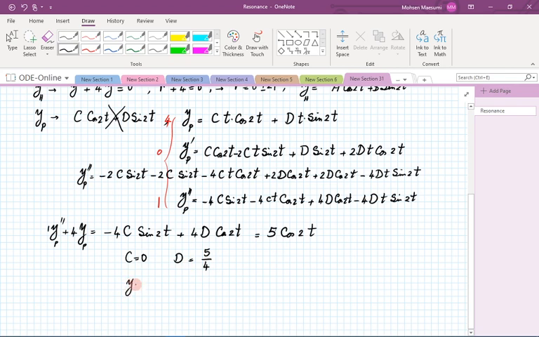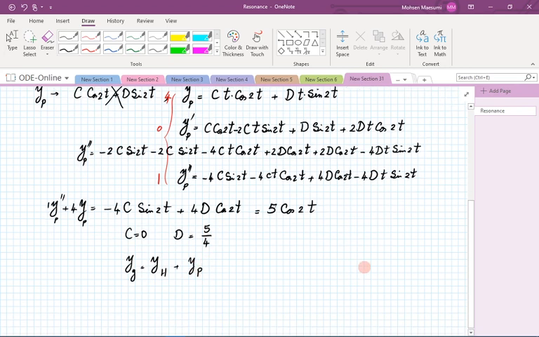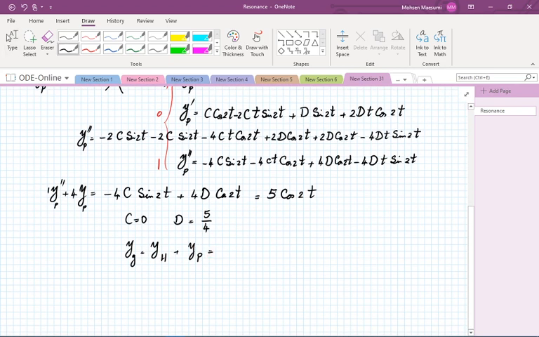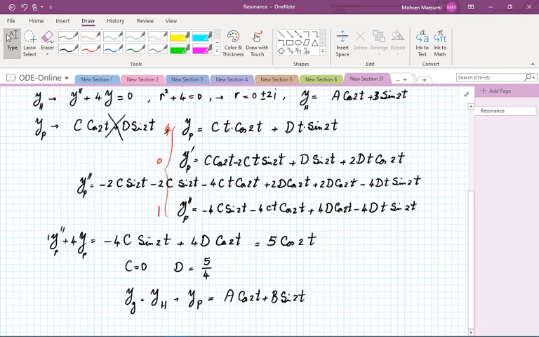Now the general solution, as before, is the solution of the homogeneous plus the particular solution we obtained. So here our homogeneous was just a cosine of 2t plus b sine of 2t, and d was the coefficient of the t sine term.